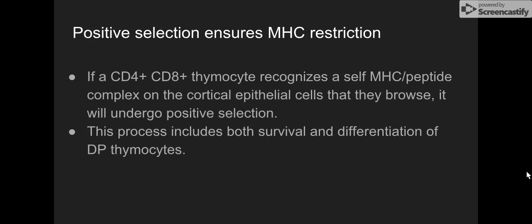Without positive selection, the system would be cluttered with a great many cells that are unlikely to recognize anything, and it would reduce the probability that a T cell will find its antigen in a reasonable period of time. So it would slow everything down. Some others suggest that positive selection may also offer more subtle advantages that often inspire discussion in the field.